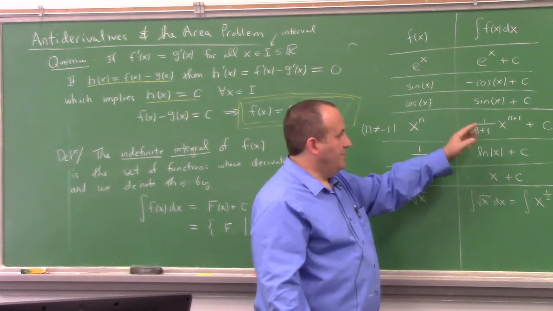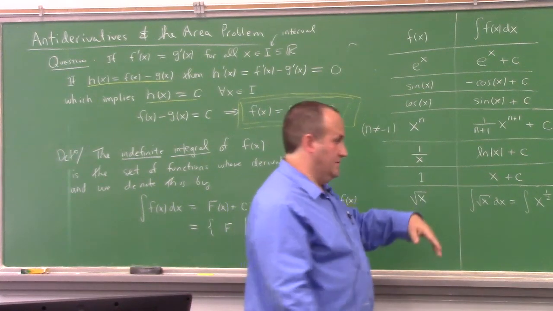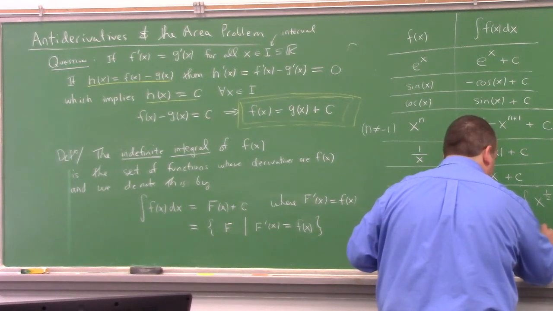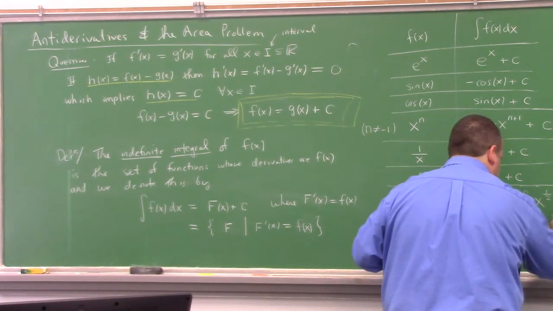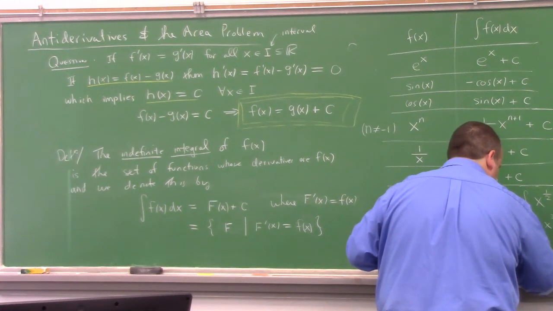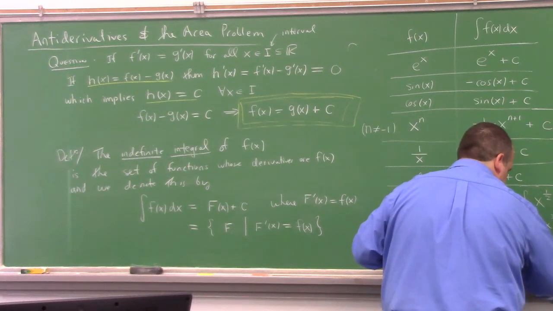So we do 1/2 plus 1, which is 3/2, right? So 1 over 3/2, x to the 3/2 plus a constant, which is more nicely written 2/3 x to the 3/2 plus a constant.